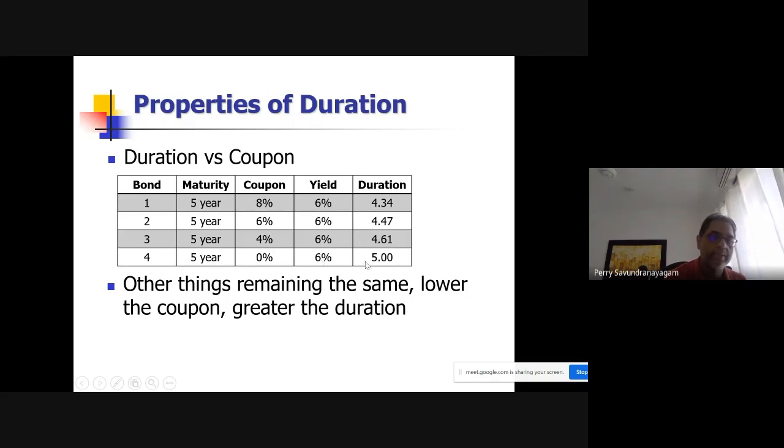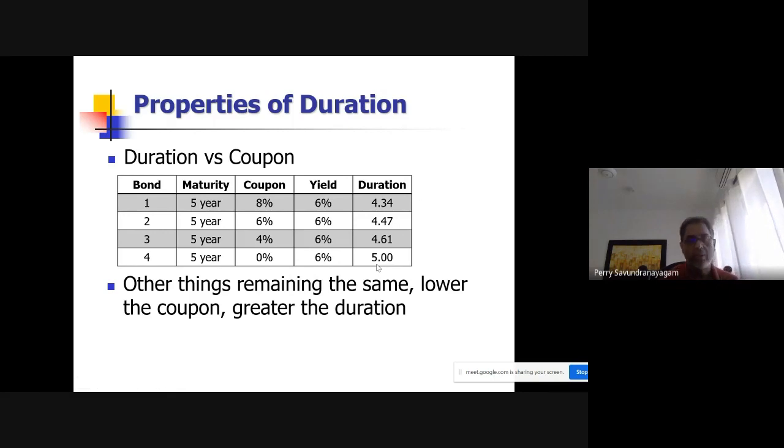So for me, this is the riskiest bond: 6%, 5-year duration, no coupons. I expect interest rates to go down by 1%. I am very, very convinced it will go down by 1%. And if the price is 95, I go and buy it at 95.